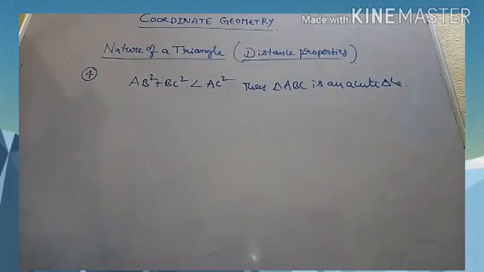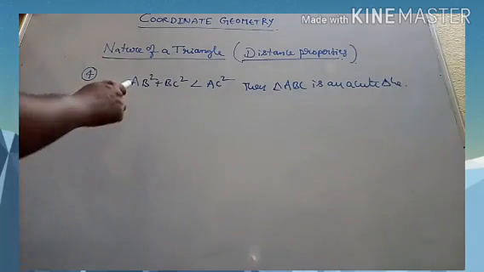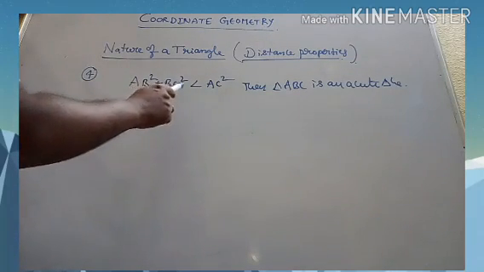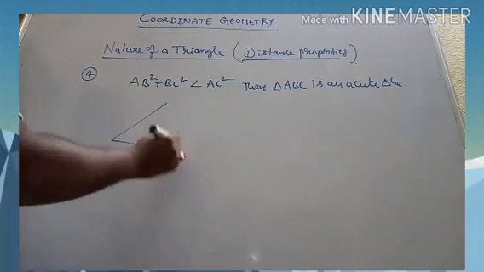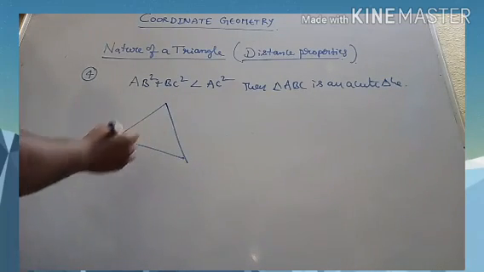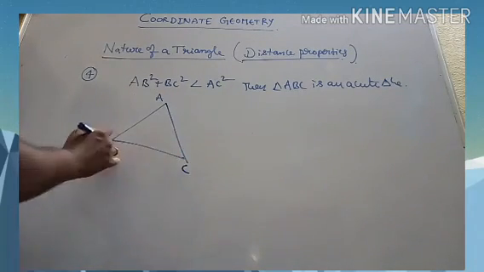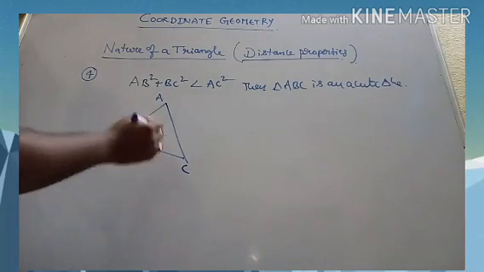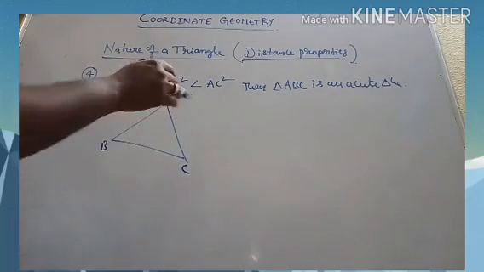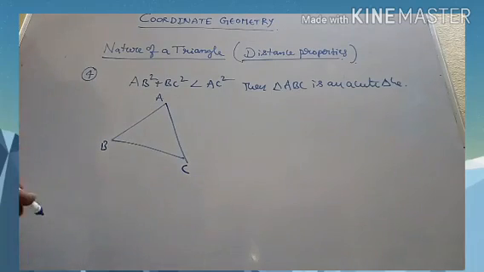Now the fourth one, suppose for any triangle you get AB square plus BC square is less than AC square, something like this. You have got A, C like this, here B like this. AB square plus BC square is less than AC square, then we can say that triangle ABC is an acute triangle.